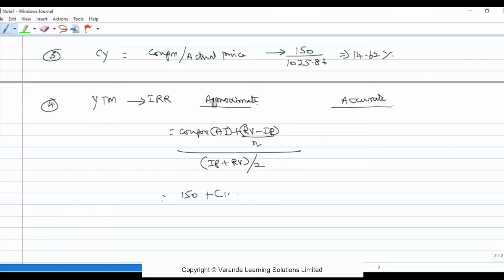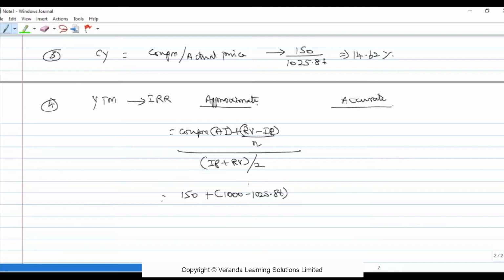Plus redemption value: unless we are provided clearly about the redemption value, we will normally take redemption value as the face value only. We don't find any redemption value given separately. Therefore, the face value of 1000 will be taken as redemption value. And the issue price they have given is 1025.86.